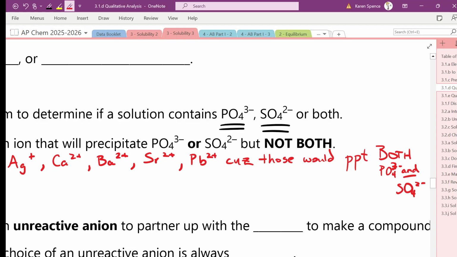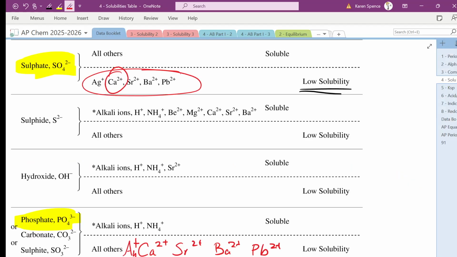Are there any other cations that we could eliminate? Yeah, the alkali. Alkali ions won't precipitate the sulfate or the phosphate. And also, they're not a good choice anyway, the H and the NH4, because they are acids, and we don't want those because they will not precipitate either. Yes? Okay, so let's go back here.